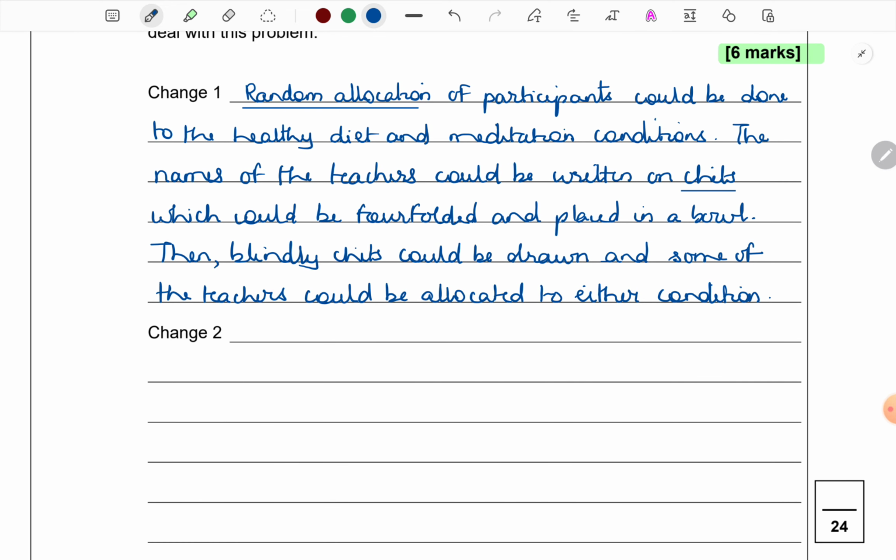Next, a repeated measures design could be used instead.